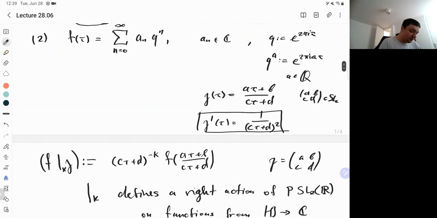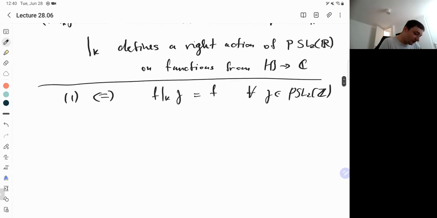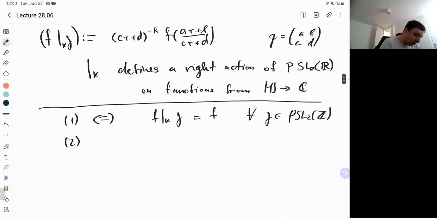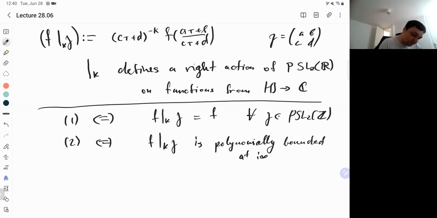When we talk about other groups, there will be only a few other groups that I'm interested in, but you can think of condition 2 equivalently as f slash k gamma is polynomially bounded at infinity for every gamma in PSL2Z.